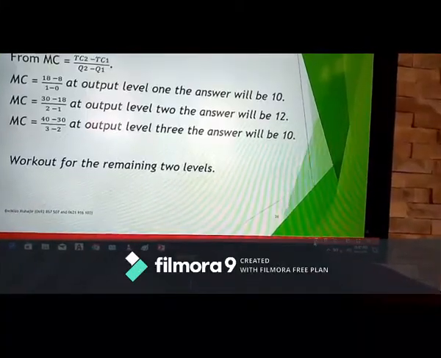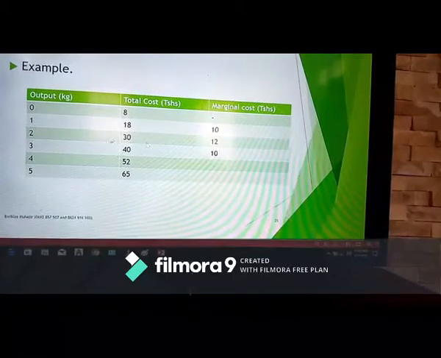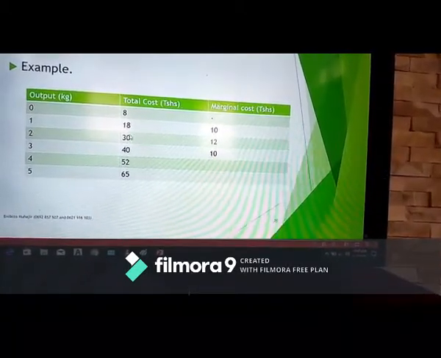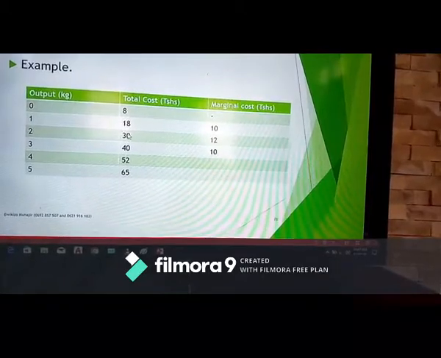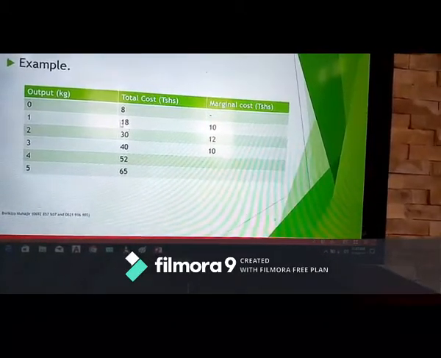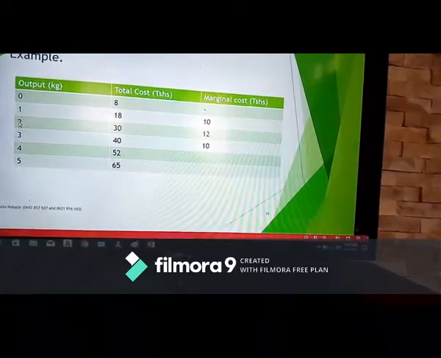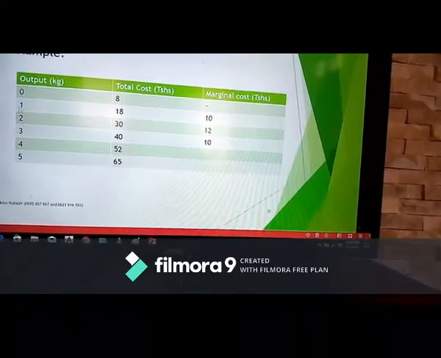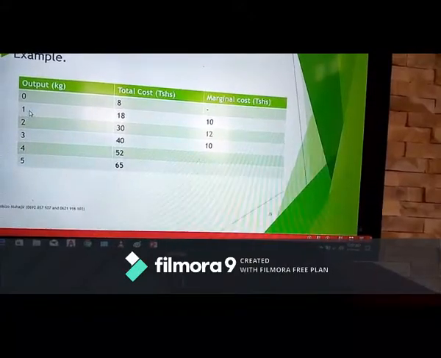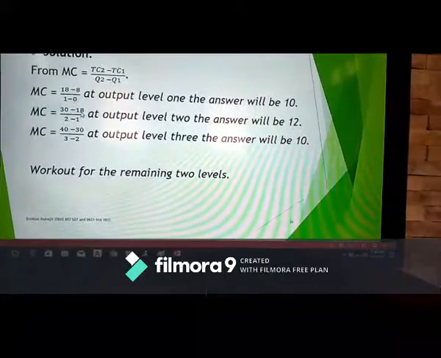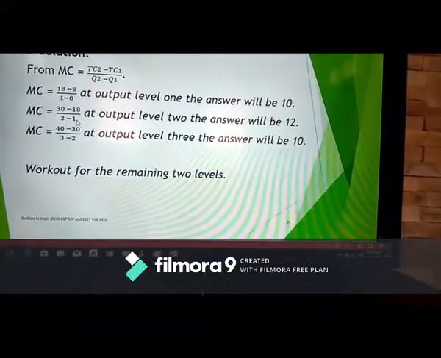Then secondly, at this level, 30 will be your TC2, total cost 2, minus this 18, which is total cost 1, over 2 as Q2 minus 1 as Q1. 2 minus 1, you will get 12, as you can see here: 30 minus 18 over 2 minus 1.